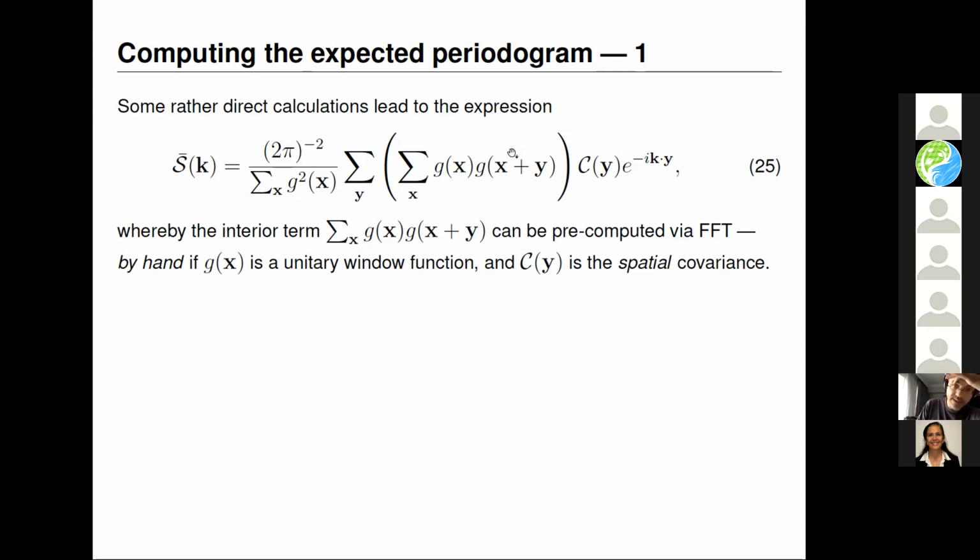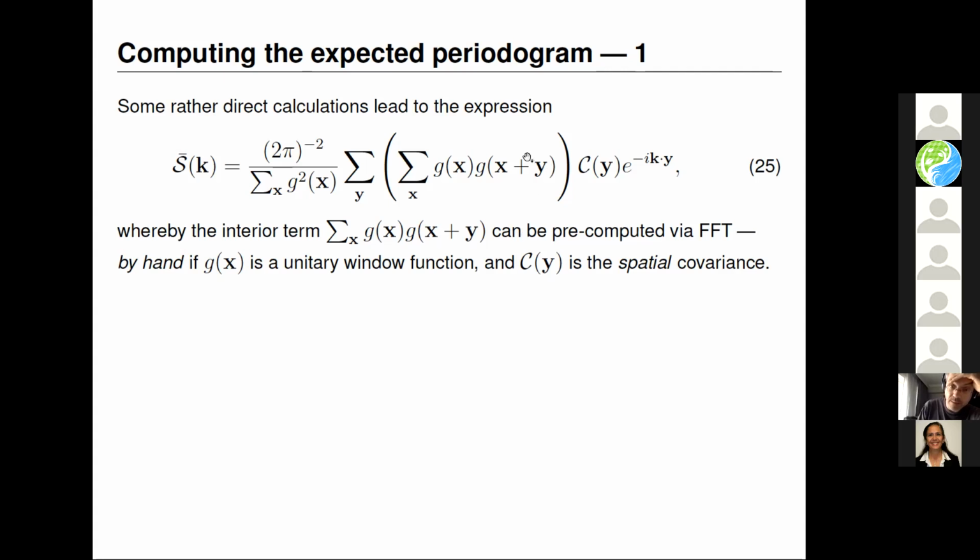And so this thing here is a partially summed lag product, which can be pre-computed for any grid of any size with any missing data via FFT. And you can do it by hand if it's just this unitary window function, because then it ends up being a set of triangular functions being multiplied.